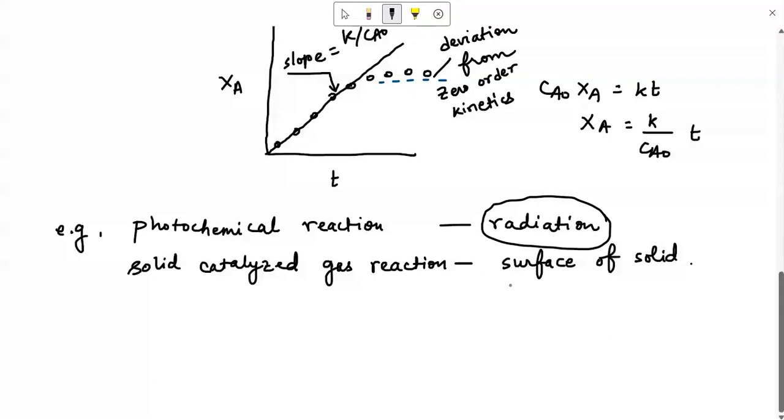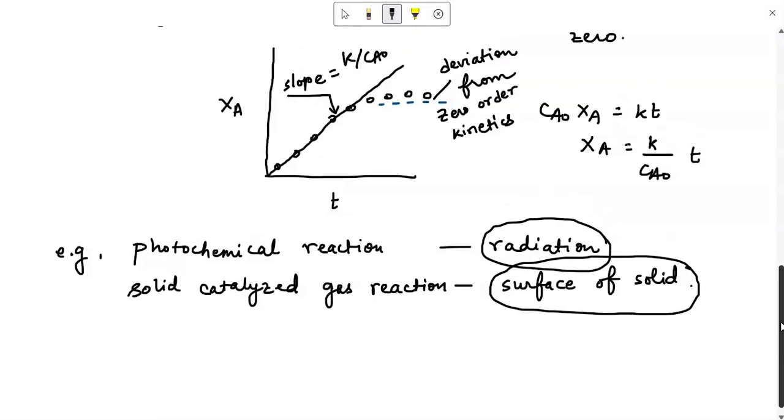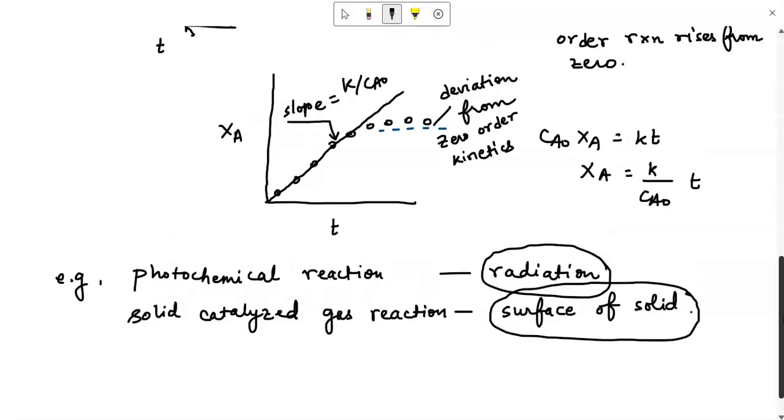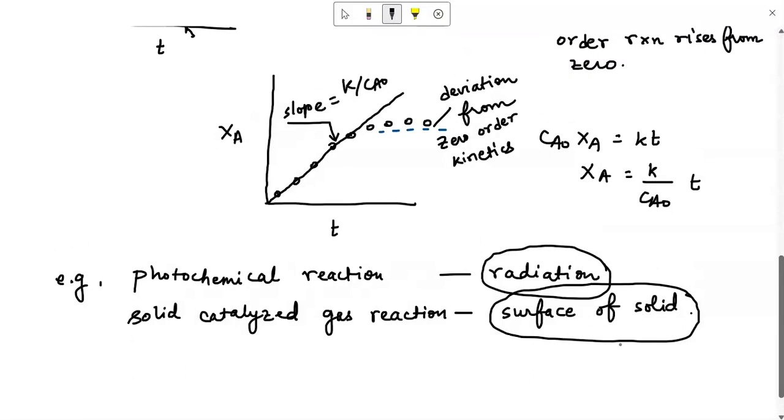So here how much radiation is affecting, how much of the mass transfer through the solid surface is affecting, those things come into play. So these are the main observations that we get about zero order reactions or zero order kinetics. That is it. Thank you.